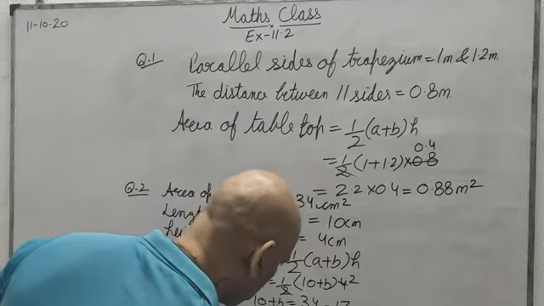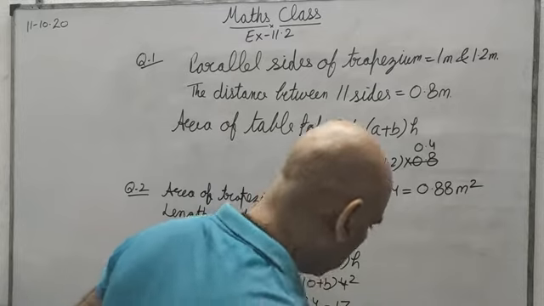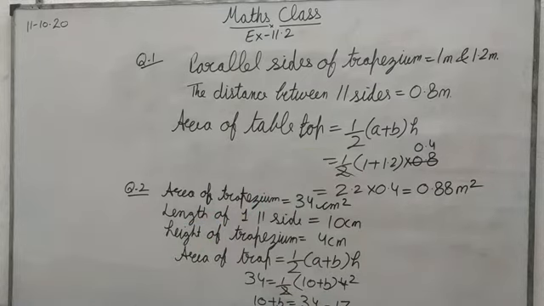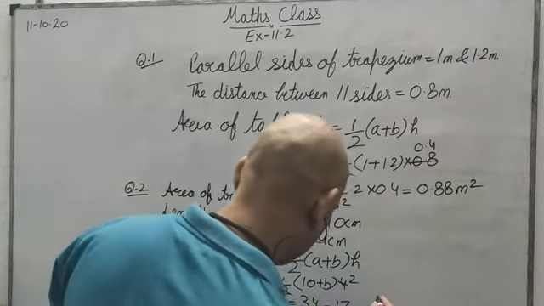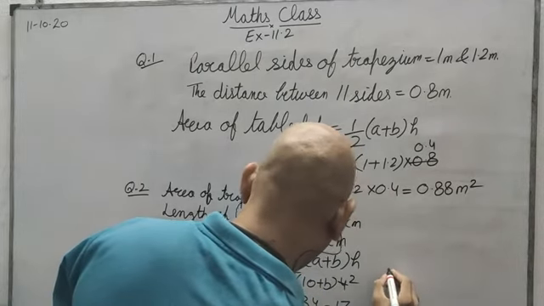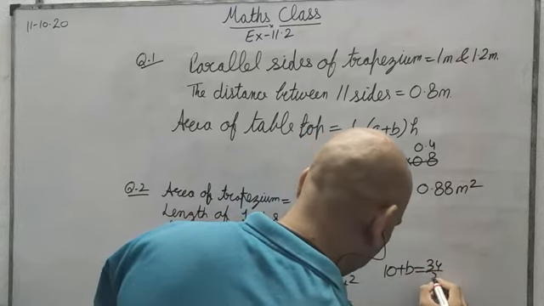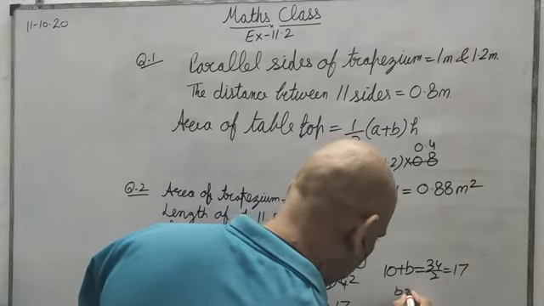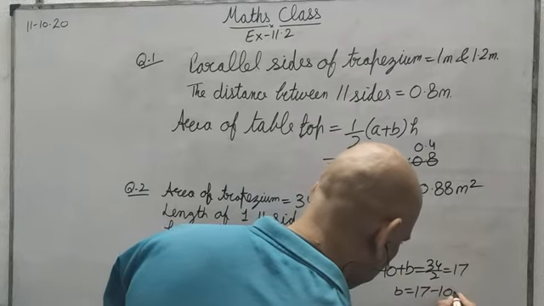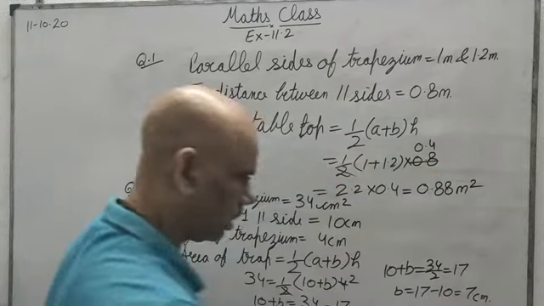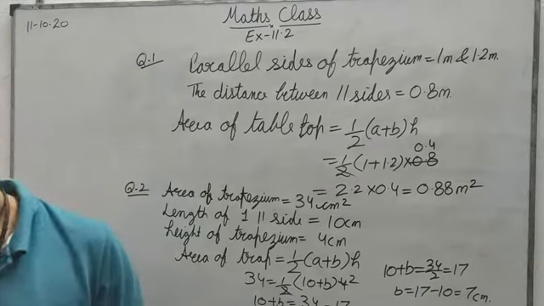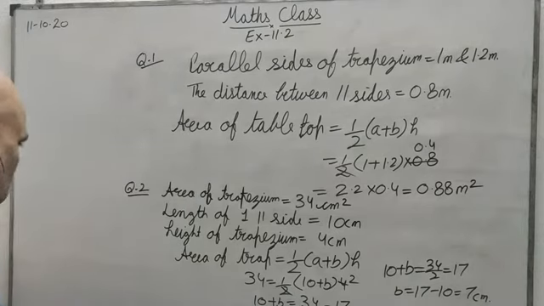B is equal to 17 minus 10, 7 centimeter. So I am writing it here. 10 plus B is equal to 34 upon 2, that is 17. B is equal to 17 minus 10, that is 7 centimeter. So this way we will solve this question. I am very sure you can do it.